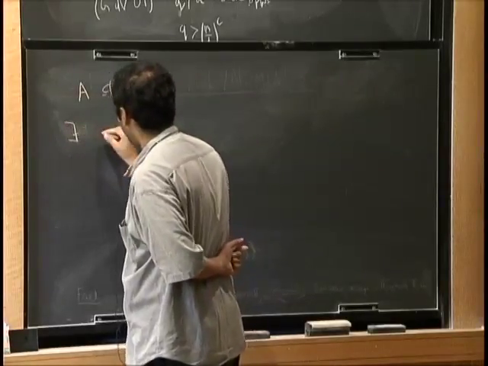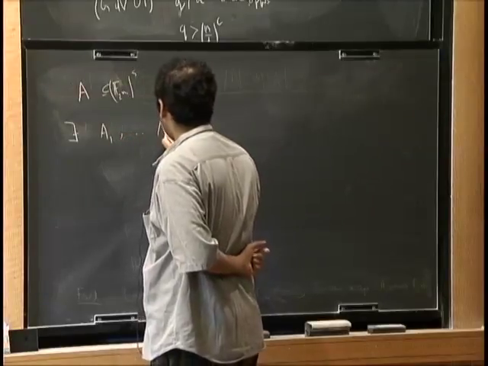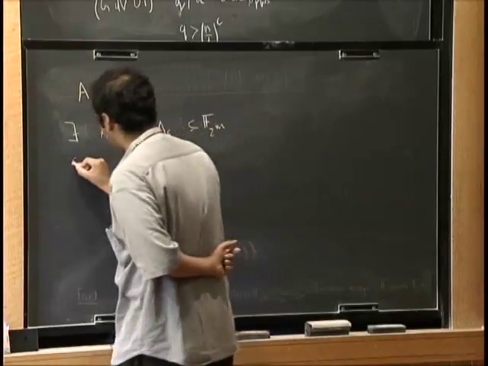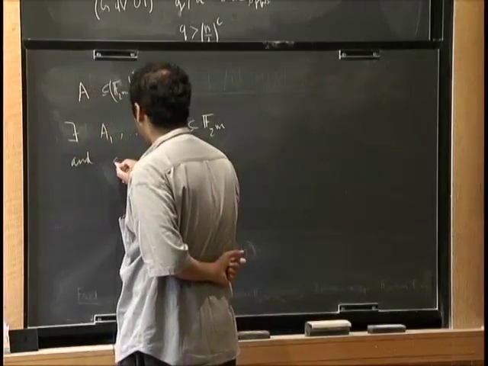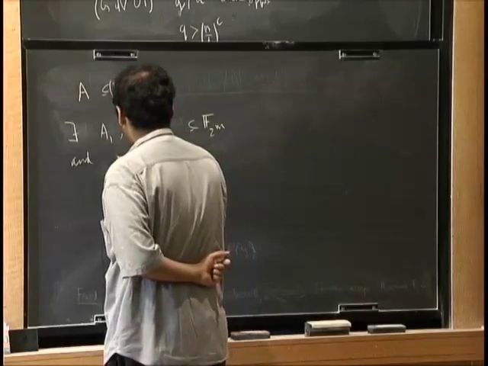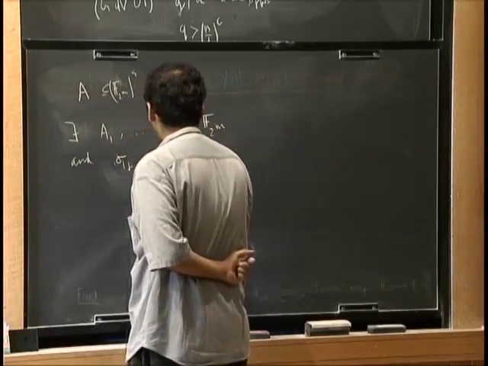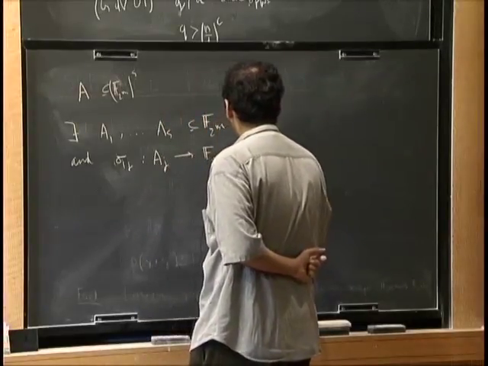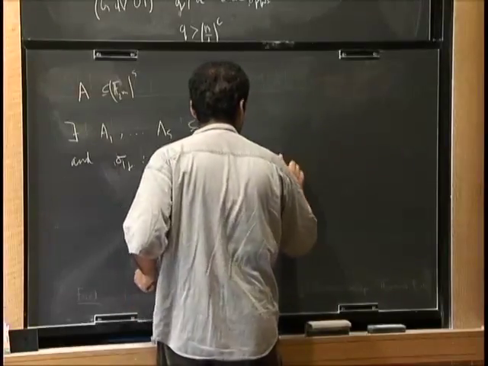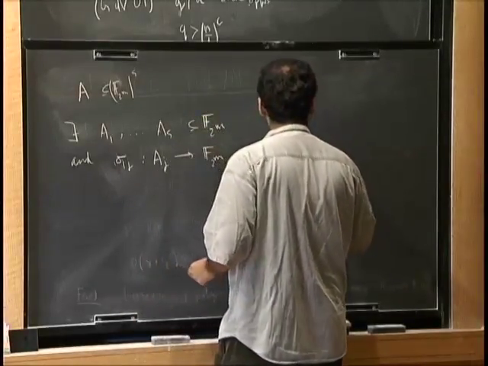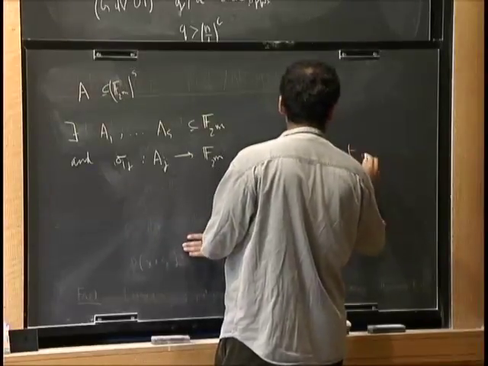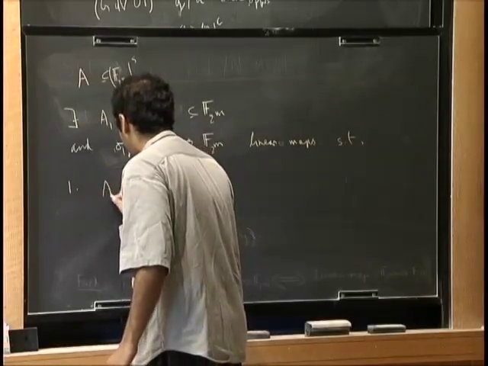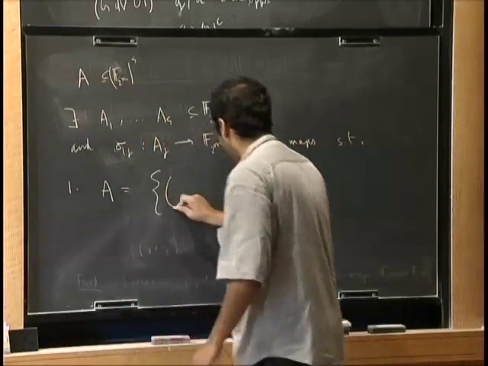Then there exist affine spaces A1 up to AS contained in F2 to the m, and linear maps sigma ij mapping from AJ to F2 to the m such that, well, the most crucial one, A is exactly equal to the following.